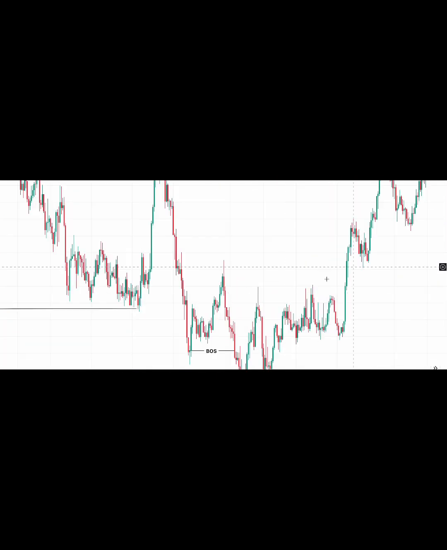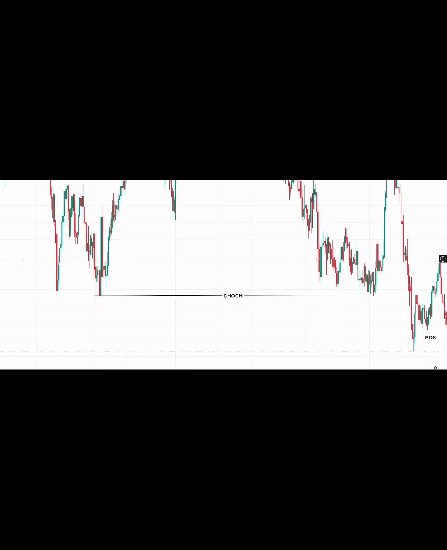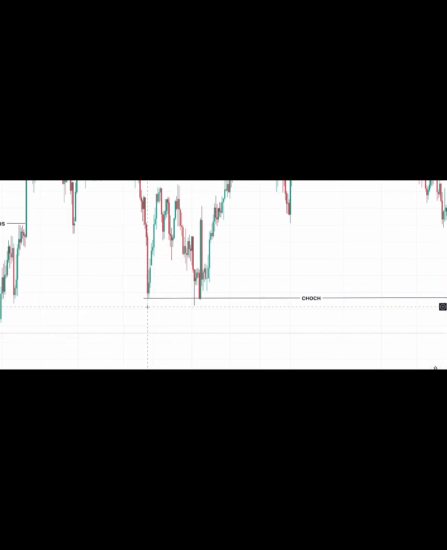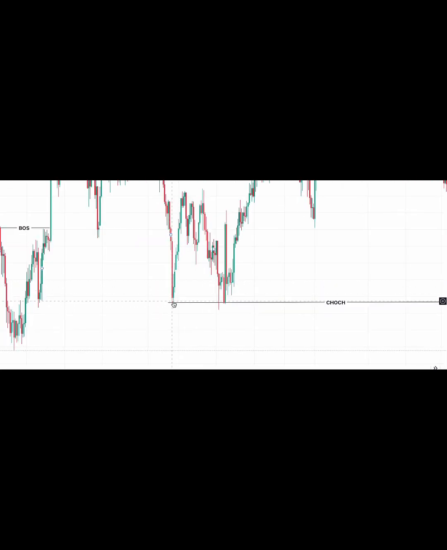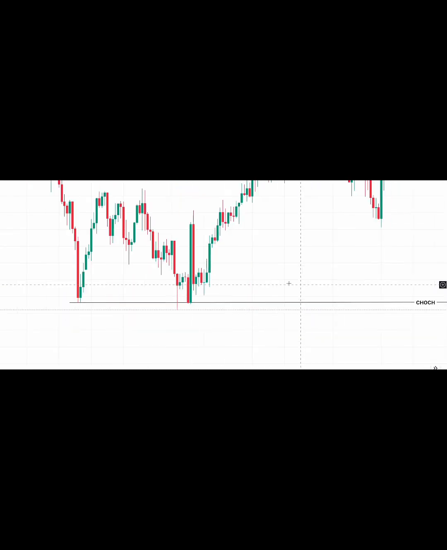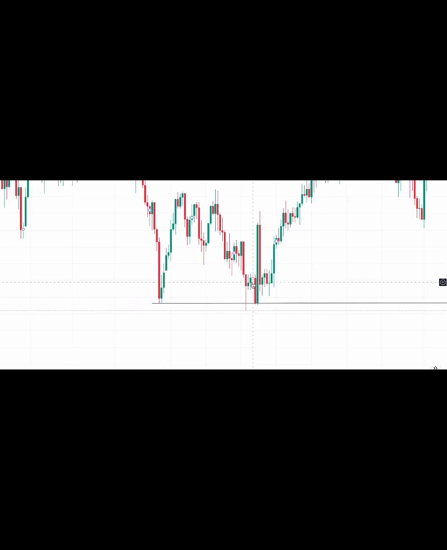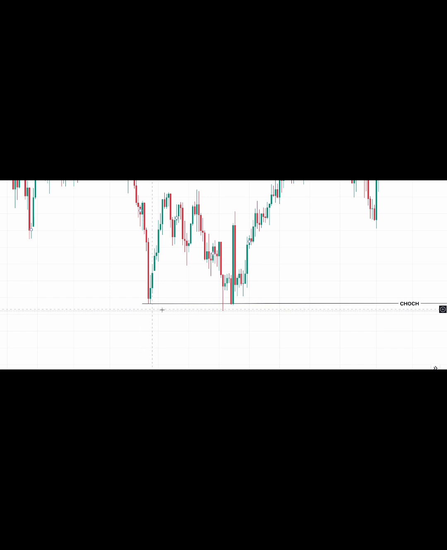Same scenario for the downtrend. For example, right here, this is the previous lower low. We take this first support as our previous lower low. By the end, you can see these red candles just sweep the liquidity and close above the previous swing low.